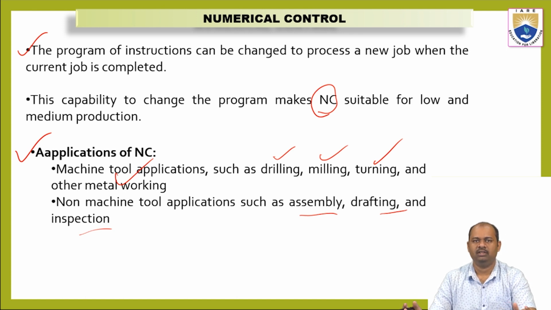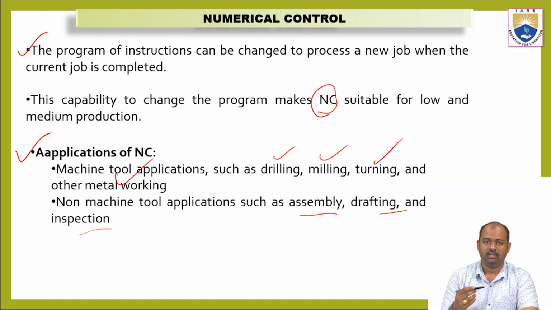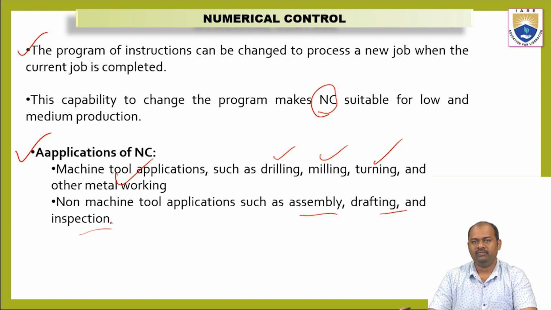After the complete assembly of the body, we can inspect whether the objects have been perfectly assembled or not, and we can check the quality of the parts also. So these are some of the basic applications of NC. Now, as a part of CNC machines, computer numerical control systems, we have seen what numerical control is.